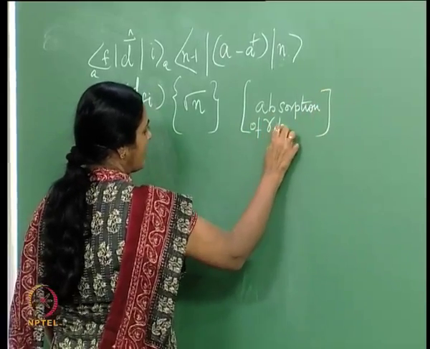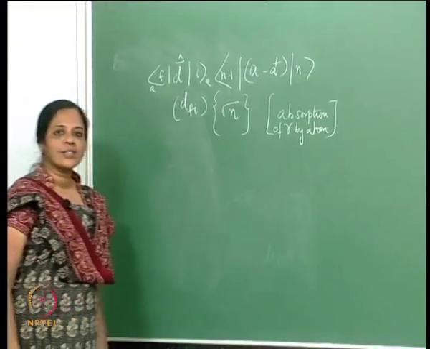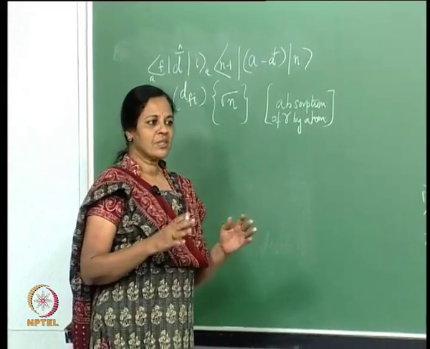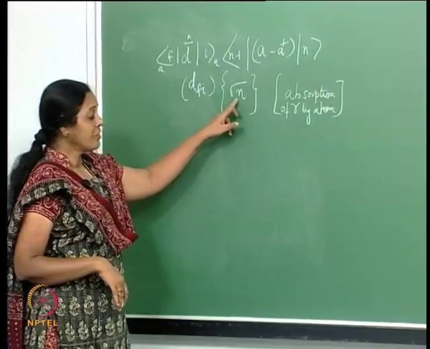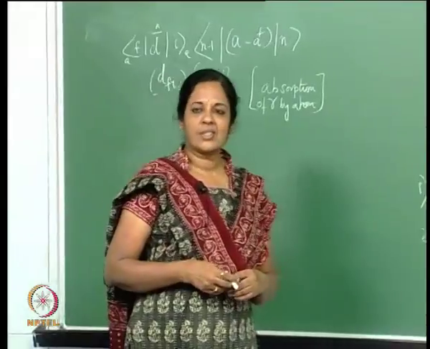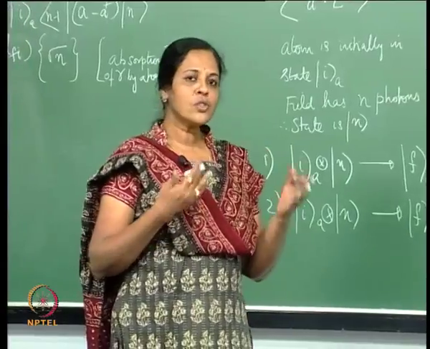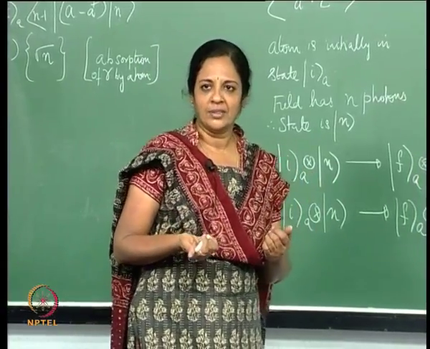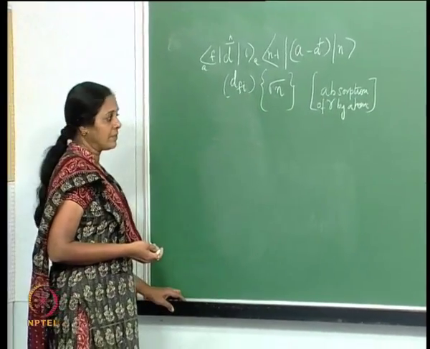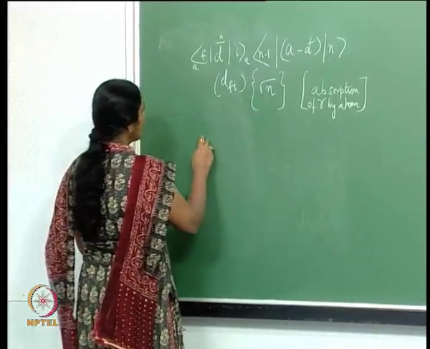Absorption of a photon by the atom. Clearly, this makes sense. Suppose I switched off the radiation field. That means there are no photons to be absorbed. So if n is 0, this term drops out. That is common sense. If there is no energy pumped into the atom, there is no way by which the atom can absorb energy and move to a higher state, and therefore such a transition is not possible. So that is okay.